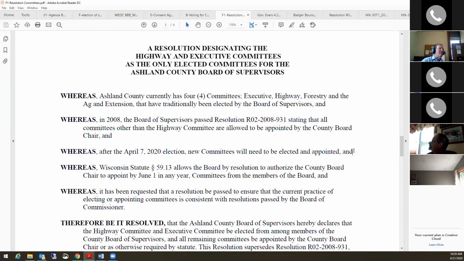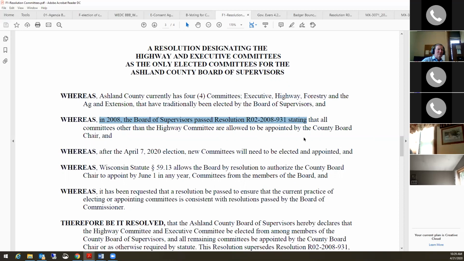Could Kathy just do an amendment to her motion and get it seconded by whoever seconded? Yes, that would be appropriate. Just offer an amendment to remove the reference to the previous motion in 2008, or the previous resolution. So is that what the board wants to do? That would be the question.